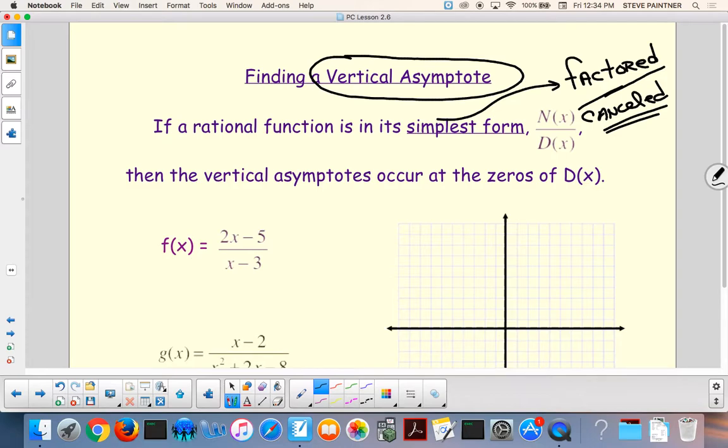The vertical asymptotes occur at the zeros of the denominator.